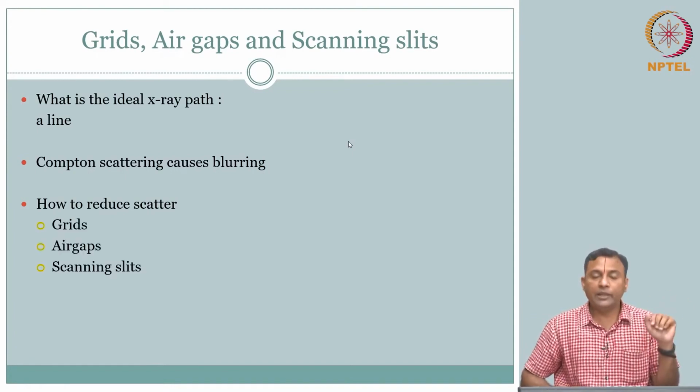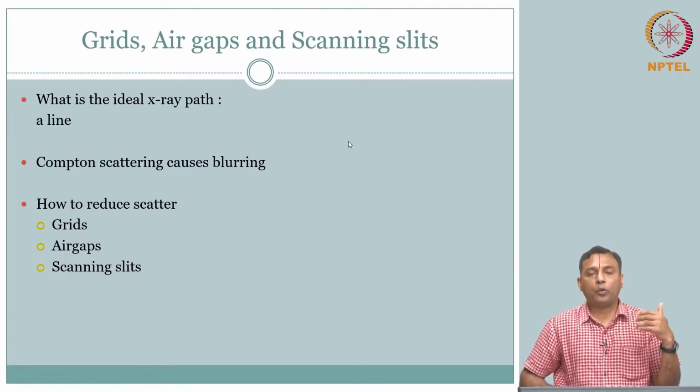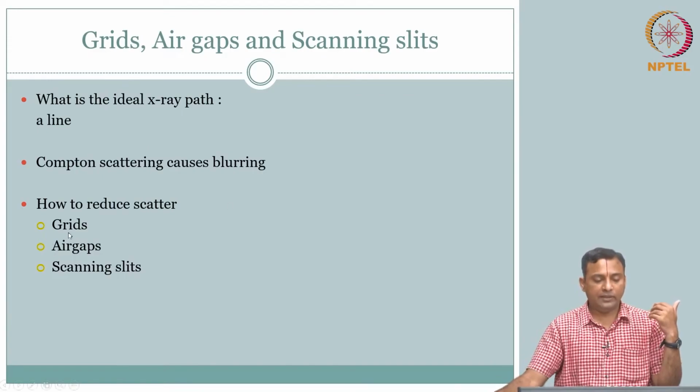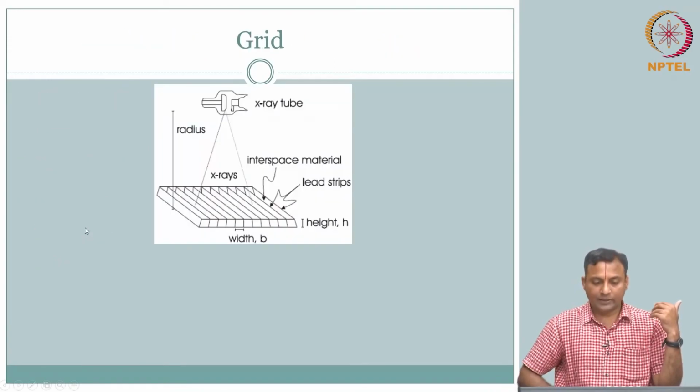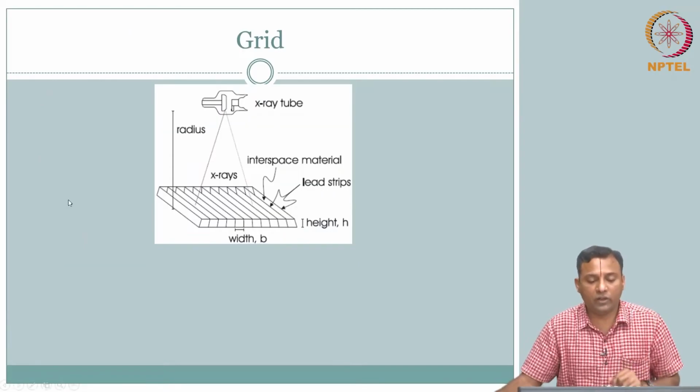Okay. So there are 3 ways to do it. We will quickly go through each one of them, but just by the problem proposition and the names, we can start to guess, right. So grid, this is what we are talking about.